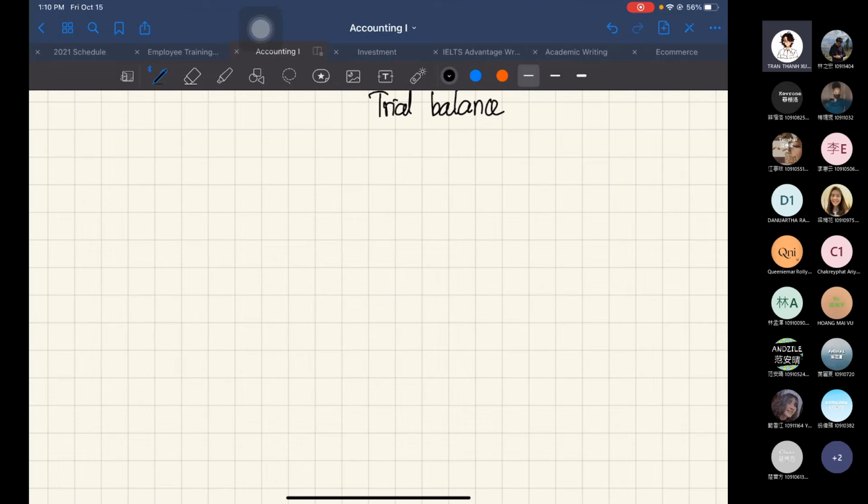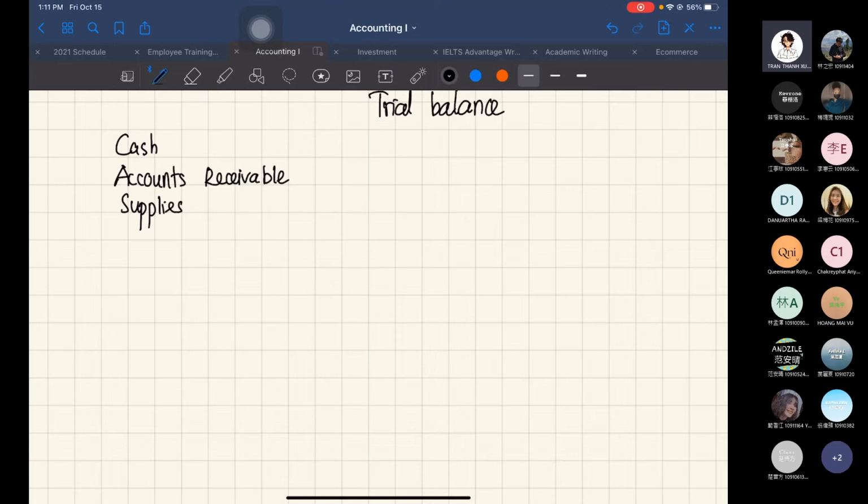First, to make sure that we don't miss anything in the statement, we just follow the order. So the first one we're going to have cash, account receivable, supply.